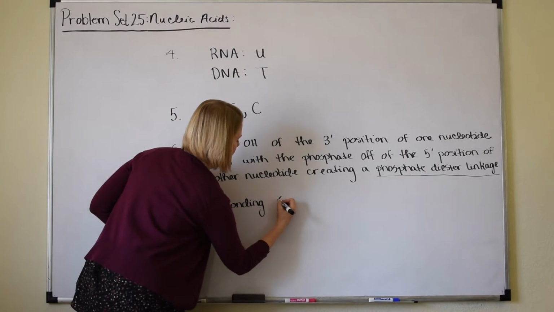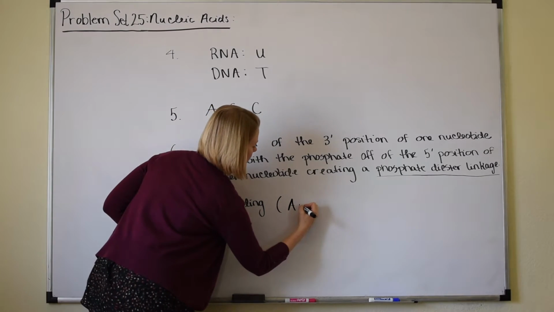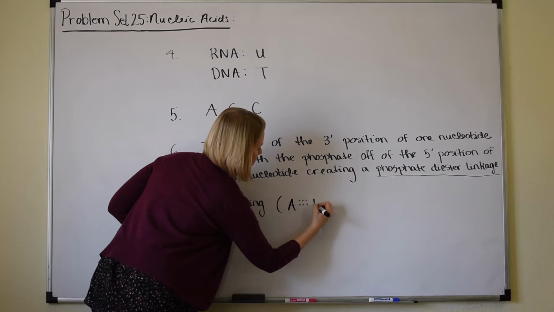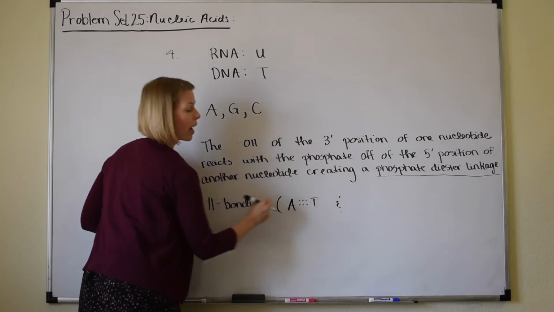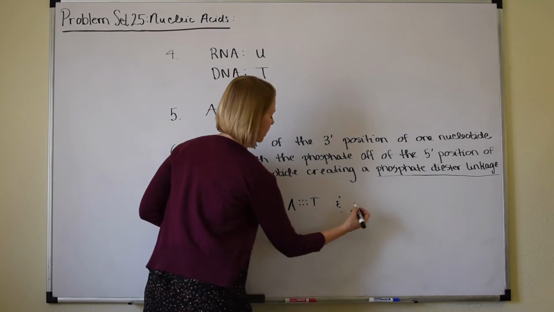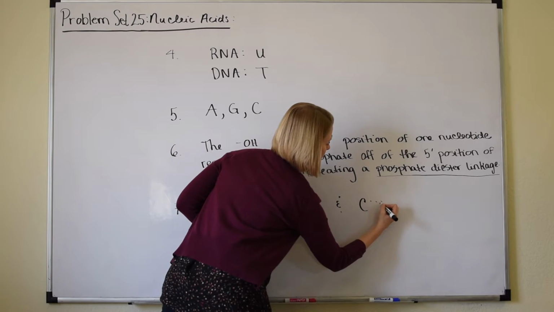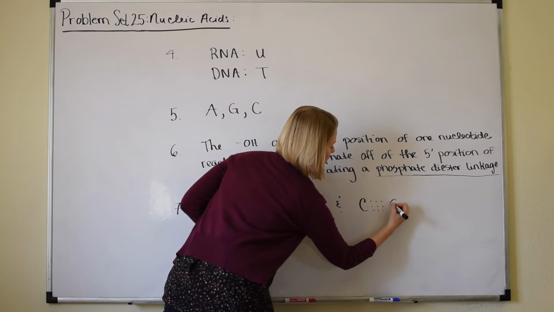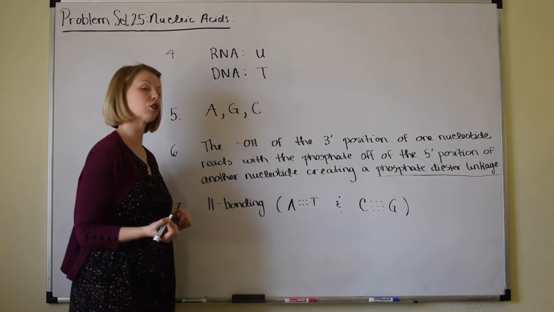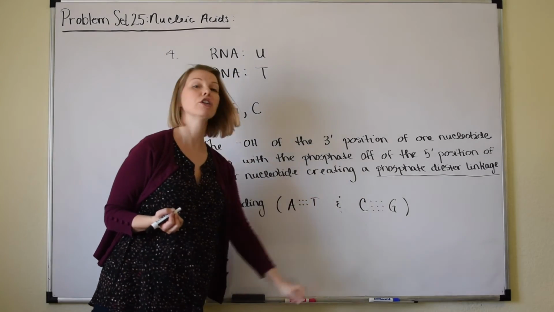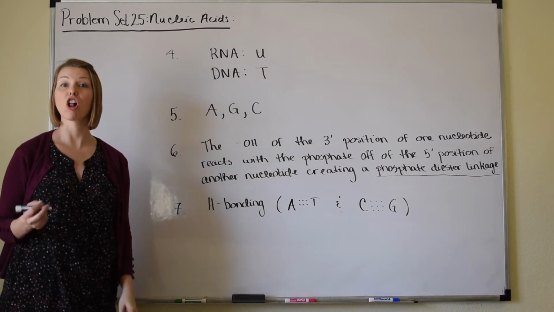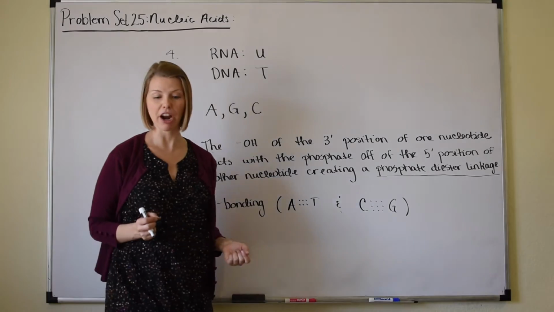So let me write here, A to T. Remember there's 2 hydrogen bonds between those 2 bases. And C to G. Remember there's 3 hydrogen bonds between those 2 bases. What we call complementary base pairing.